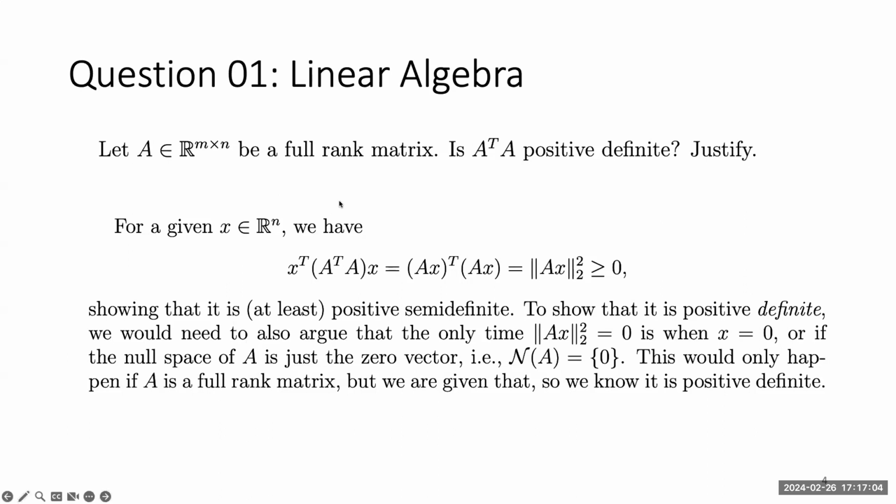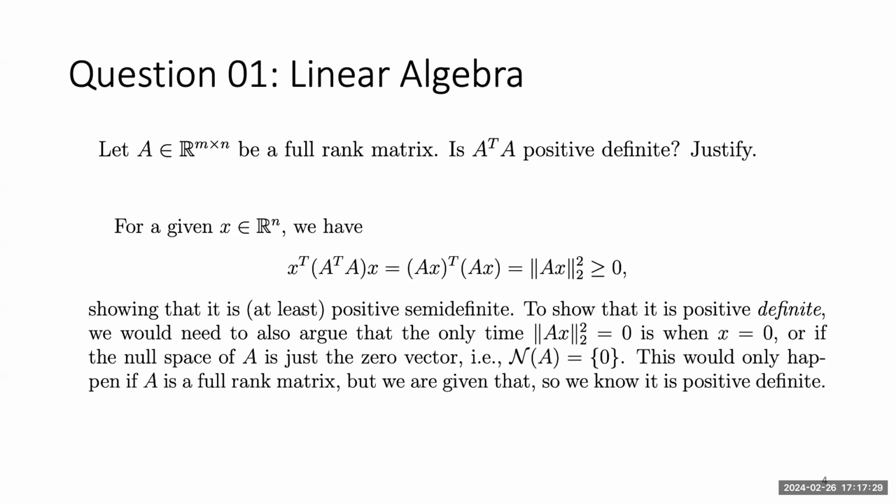The main potentially confusing part is that the matrix is A transpose A, not A. But when you do this, it simplifies to a vector dot product with another vector, which is Ax.